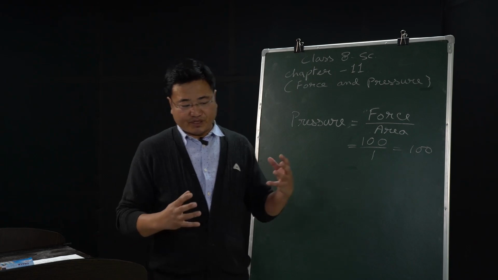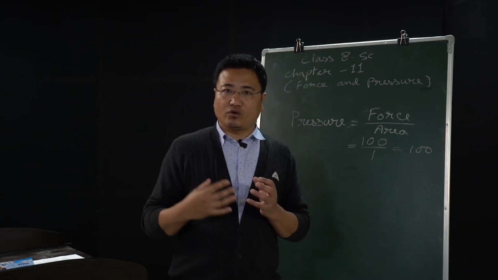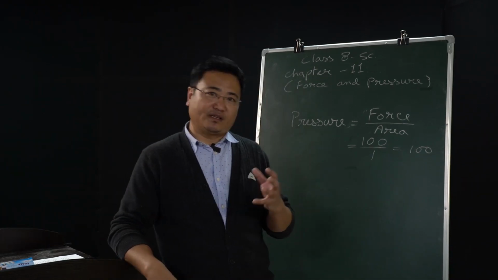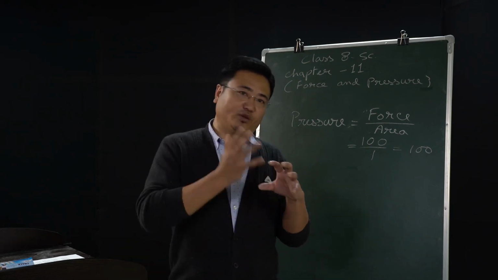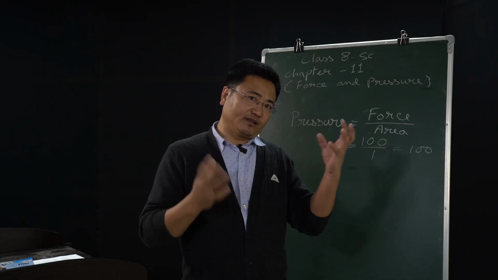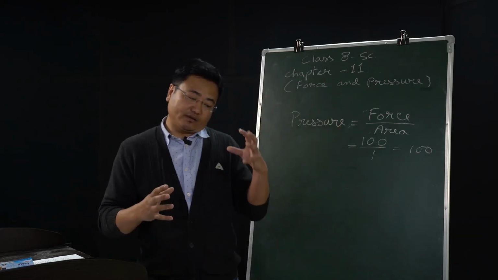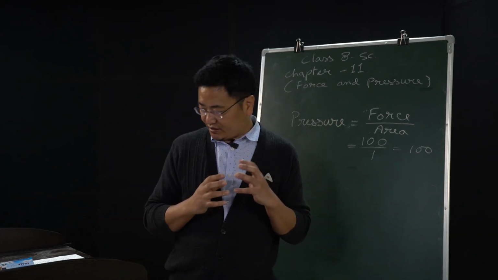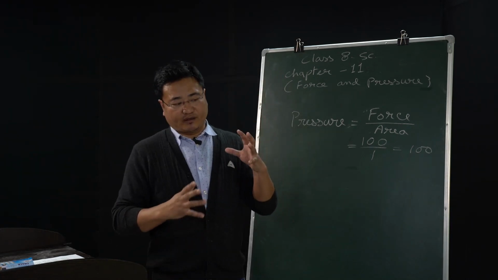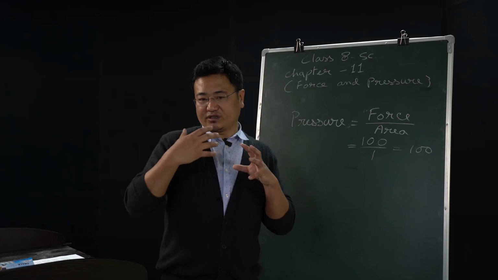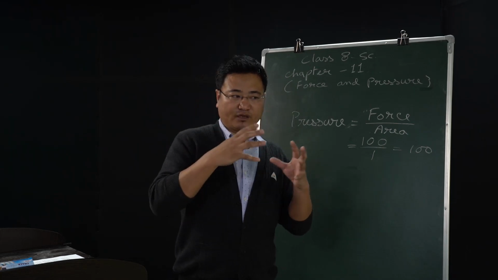Now, here he took two hollow hemispheres. A hemisphere means you have a ball and you cut it into two parts. He took two hollow hemispheres made of steel, large enough.